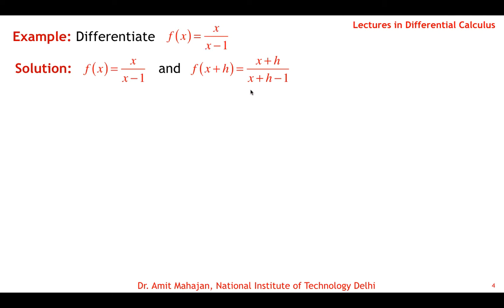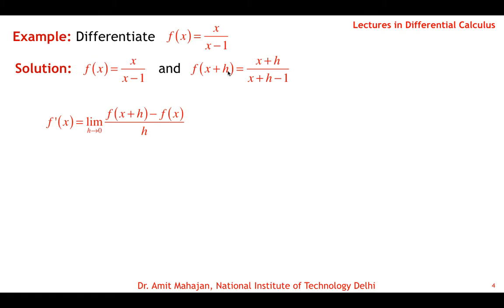And so the derivative of the function at the point x by the definition will be limit h tends to 0, the difference of the y values to the difference of the x values, so f of x plus h minus fx over h.